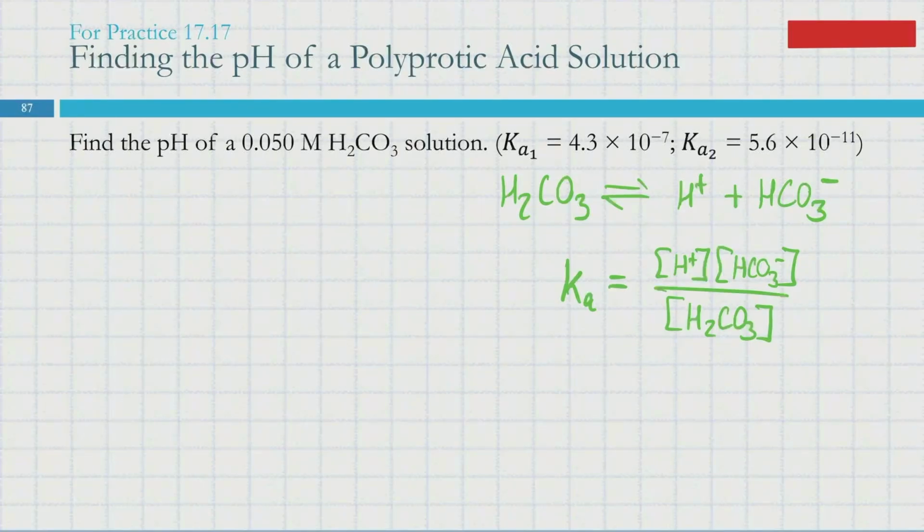And we should go ahead and use an ice table. I'm going to be using HA as our weak acid and A minus for our HCO3 minus.